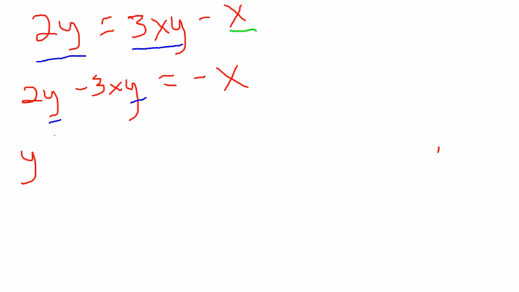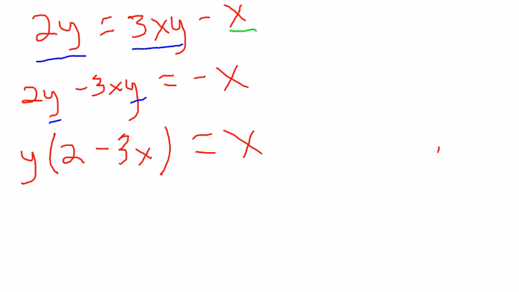When I pull the y out, I like to write y on the outside and then think about what I would need to put inside the parentheses to get the previous line. The previous line says 2y minus 3xy, so it's going to be a 2 minus 3x. And I set that equal to x.